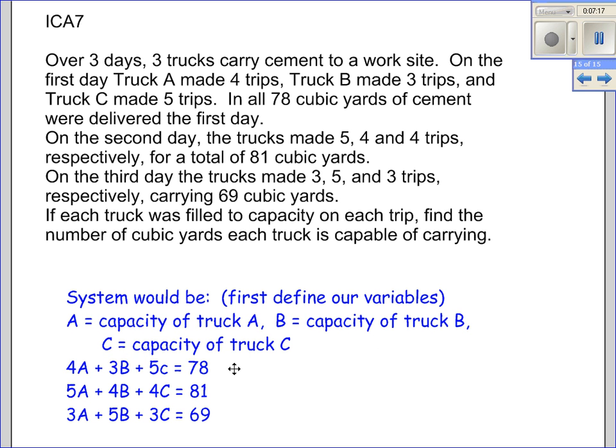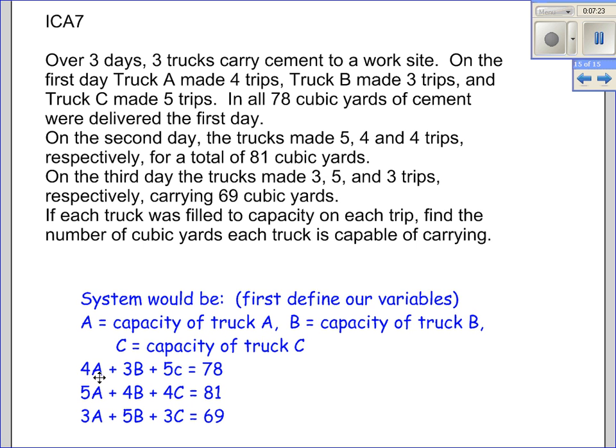And really this is the same thing as the Marigold problem. 4 trips for truck A plus 3 trips for truck B plus 5 trips for truck C gave us 78 cubic yards of cement at our work site. There's day 1 right there, gives us one equation.